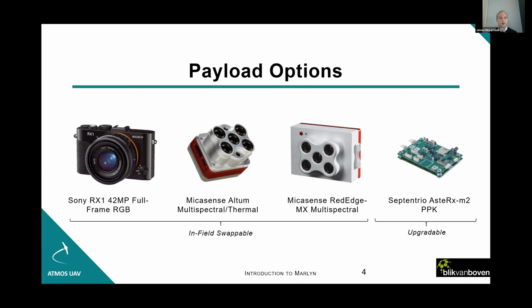There are not many VTOL drones in the world that are capable of having PPK in operation with multispectral cameras at the same time. So if you want to get those good accuracies without using GCPs, it is absolutely possible with multispectral cameras and with Marlyn. Also, if you wanted to perhaps take advantage of some cash flow in your company and get a Marlyn but not pay extra for the PPK, it is possible to upgrade to that afterwards. So if you wanted to buy a Marlyn and then 6 months later buy the PPK, that is totally fine.